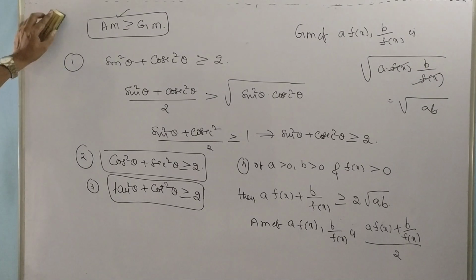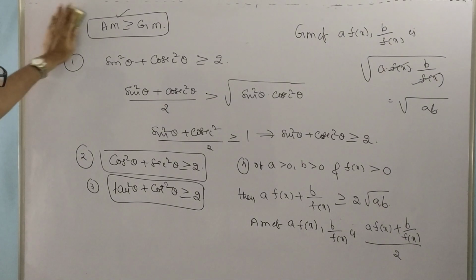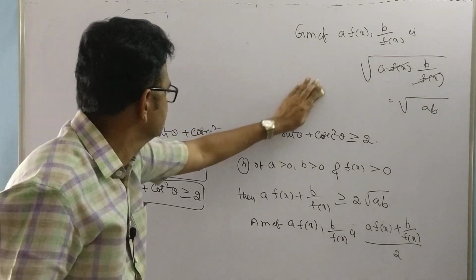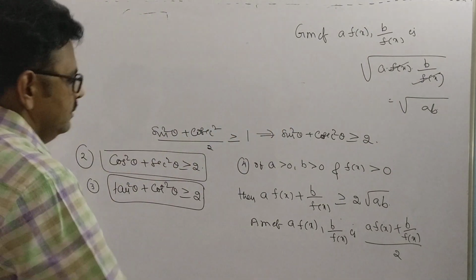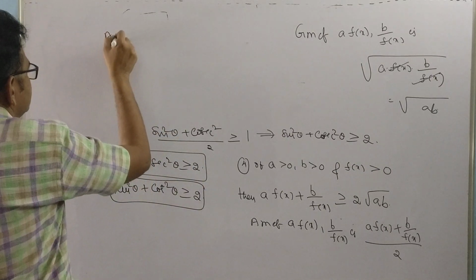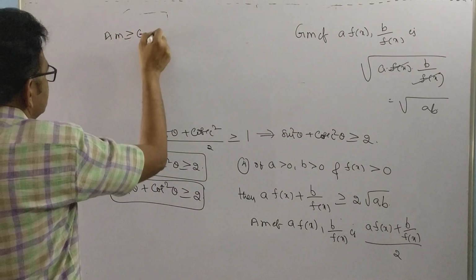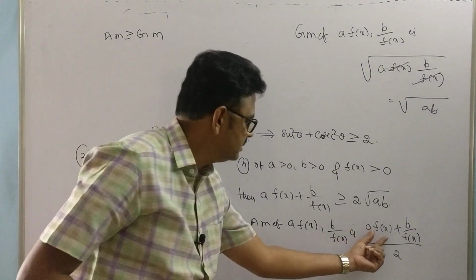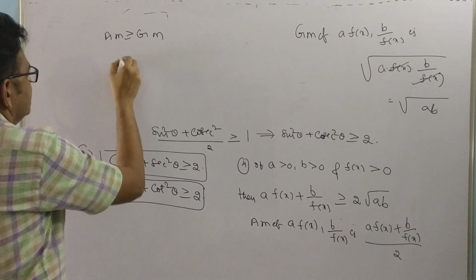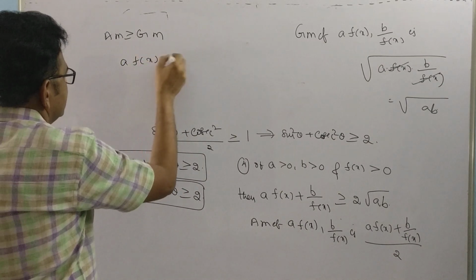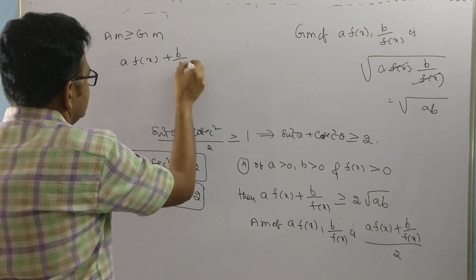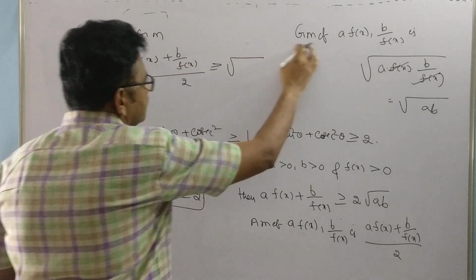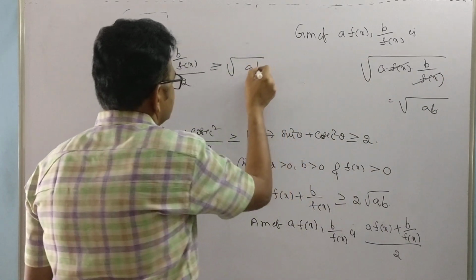Now applying AM is greater than or equal to GM. So what is arithmetic mean? Arithmetic mean is A into f of x plus B by f of x by 2, is greater than or equal to geometric mean, which is root AB.